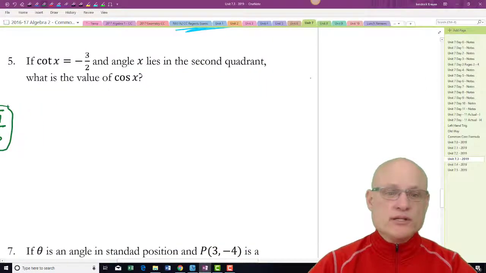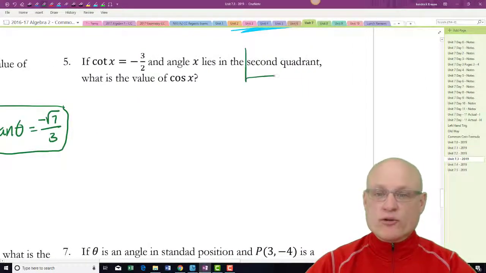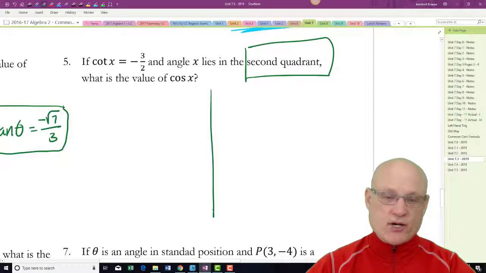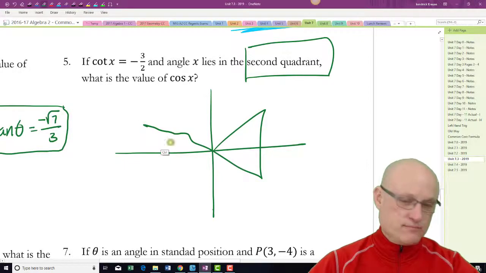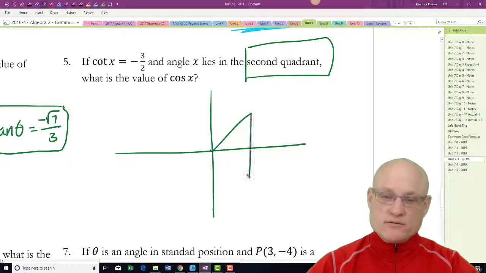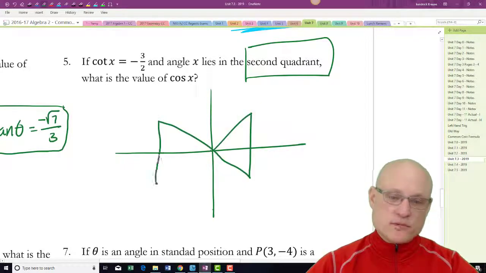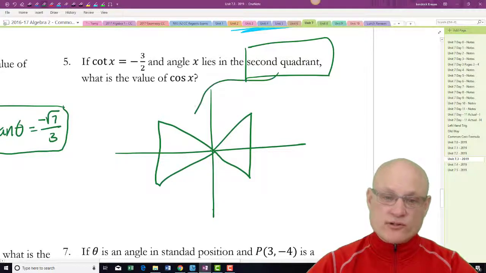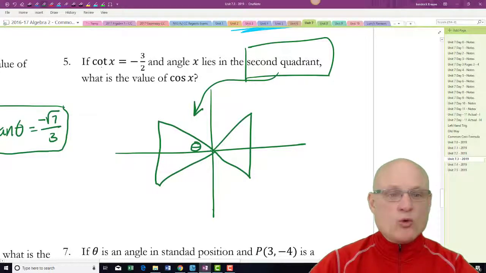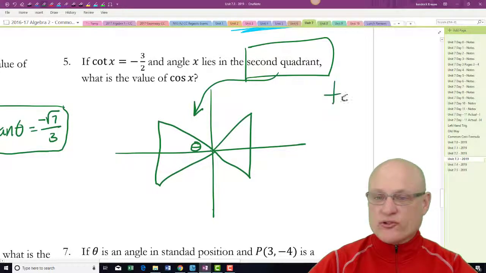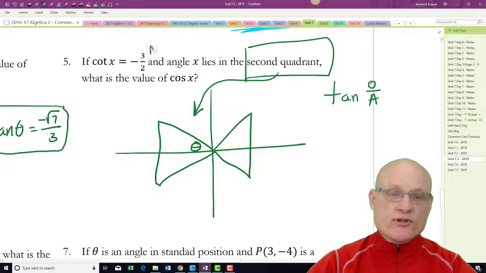Oh, this is kind of nice. They told us we're in the second quadrant. So I know I'm going to be using one of these 4 triangles, and since they told us the second quadrant, we're going to go right there. So let's put a theta there. Now, cotangent. Tangent is opposite over adjacent, so cotangent is adjacent over opposite.